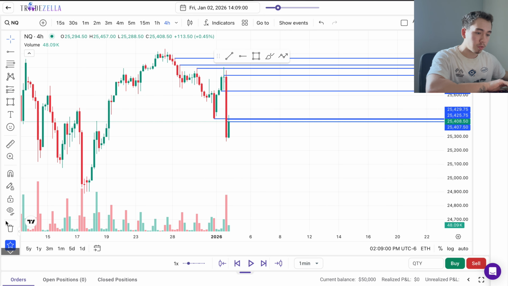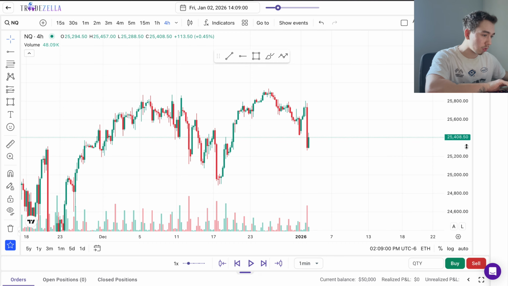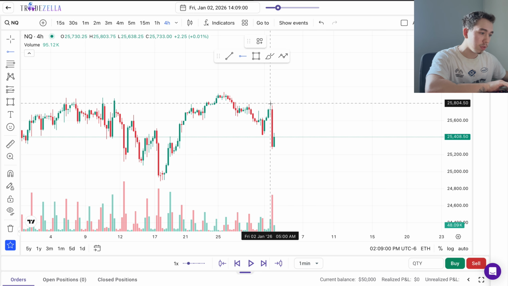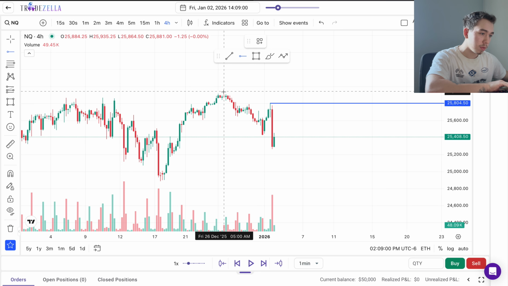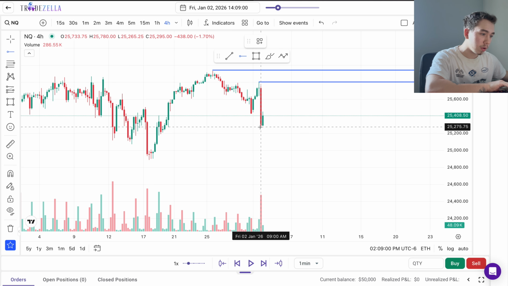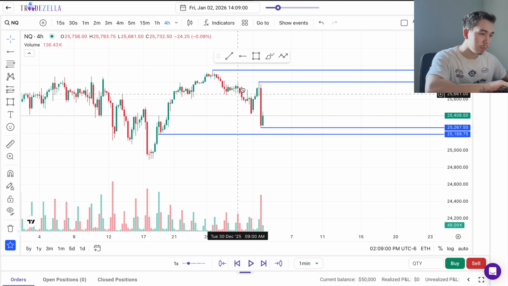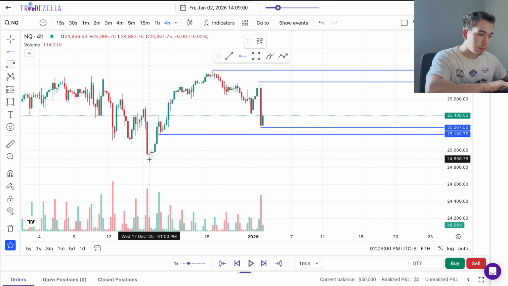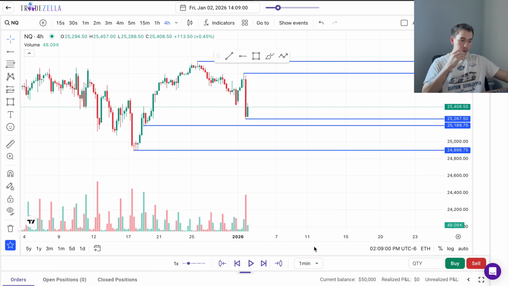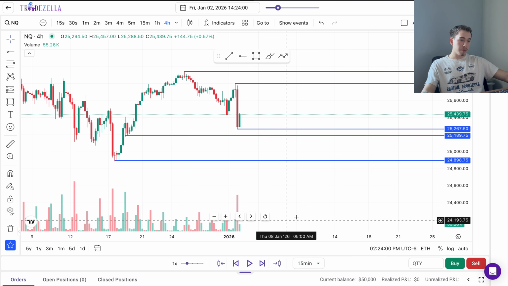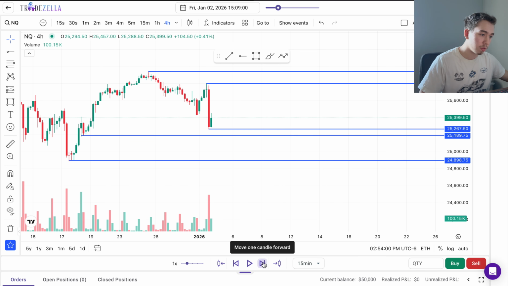Now here, let's just look at it. What draws can we target? If we want to go higher, we have these highs. If we want to go lower, we have these lows. We have this fair value gap and these lows here. So the market is literally just going to move to where the draw is.